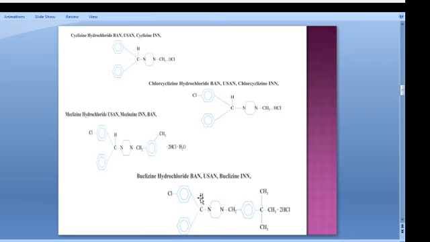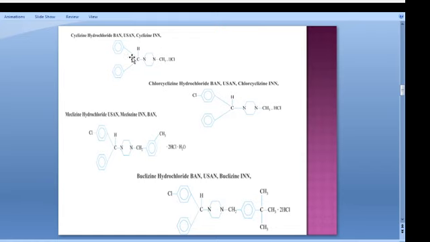Mainly these drugs are used for symptomatic relief of hay fever and urticaria, and also for motion sickness, nausea, vomiting, and the resulting vertigo. Now we can see cyclizine, the base structure of this group.